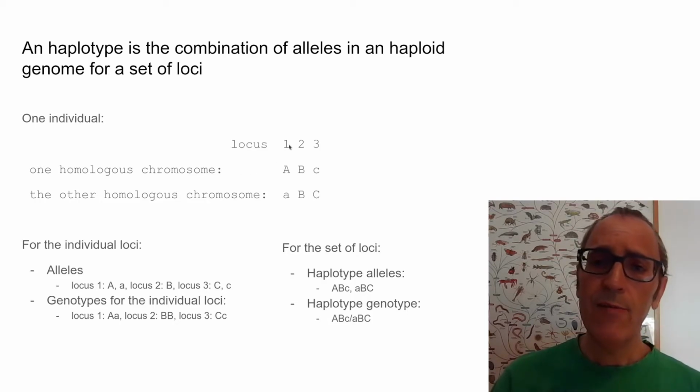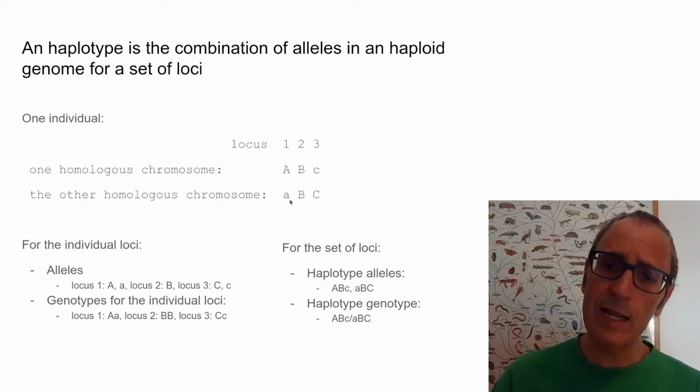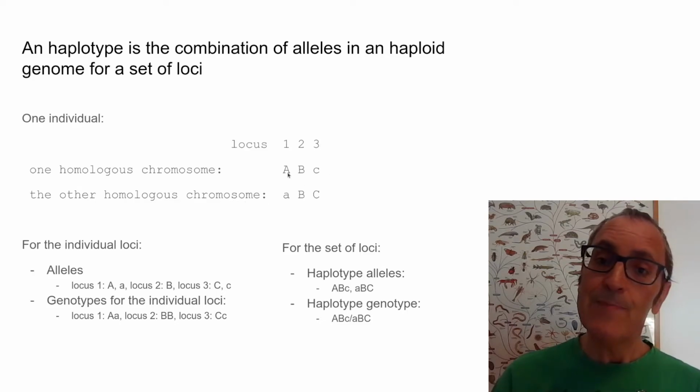So if we have three markers, in general three loci, we will have the allele for one homologous chromosome for each marker, and the allele for the other homologous chromosome for all markers. The set of alleles in one homologous chromosome, that is a haplotype.